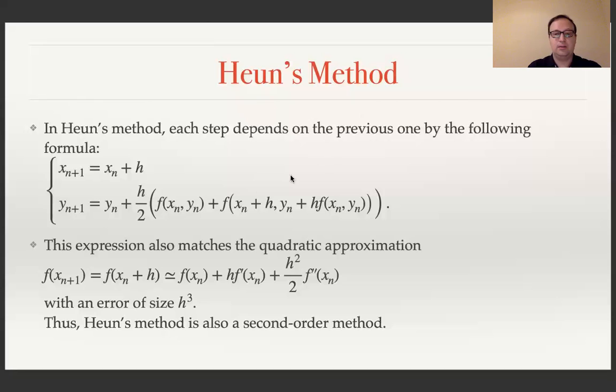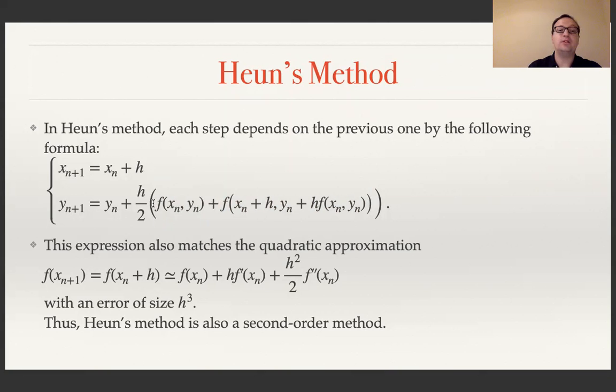So f of xn and yn is what one would use for Euler's method, and f of xn plus h and yn plus h f of xn and yn is pretty much computing one more step in Euler's method.